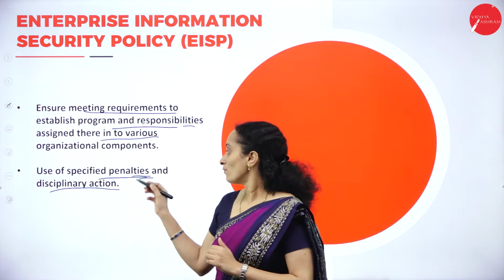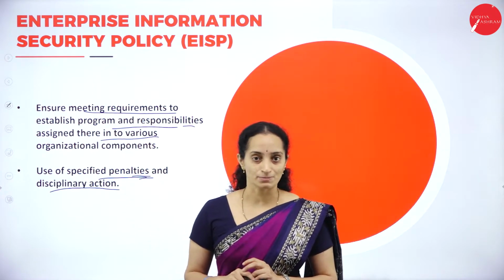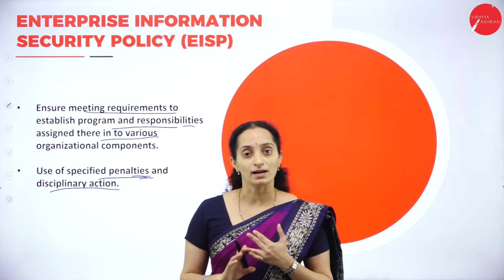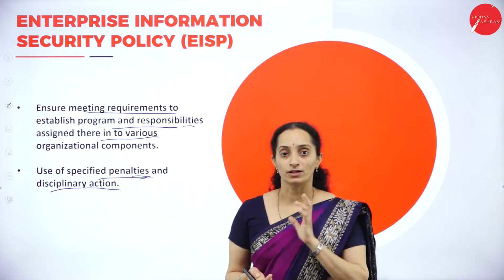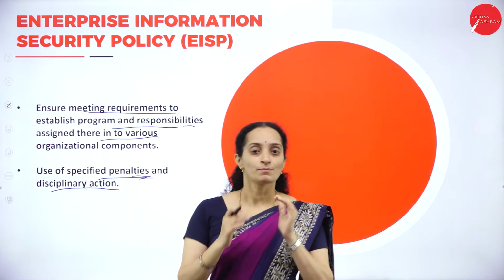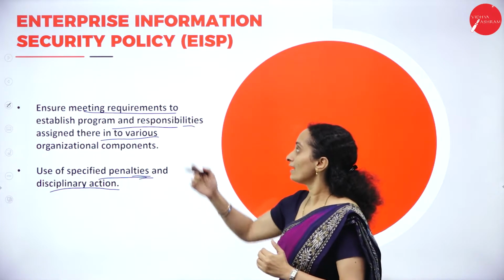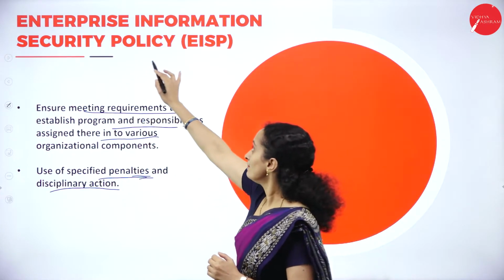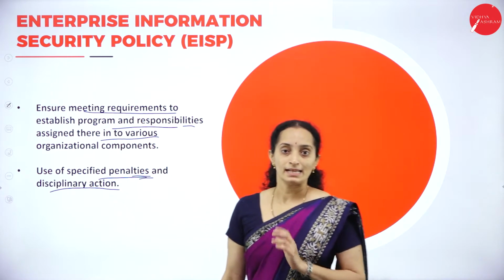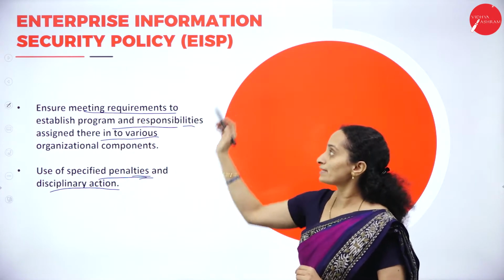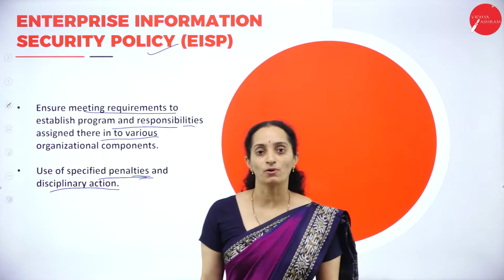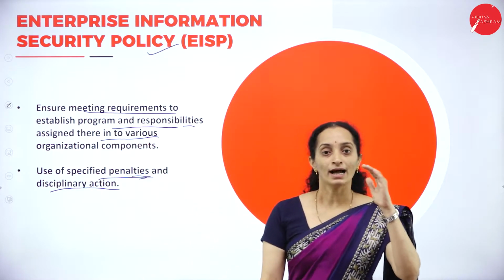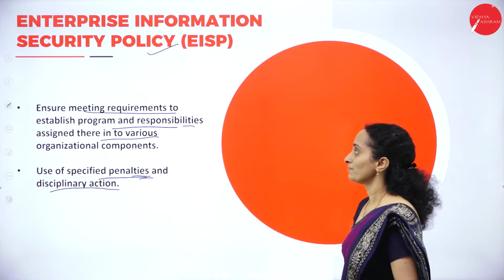Based on that, what kind of disciplinary action and penalty must be incurred by that person. All these things must be specified in the policy taken at the enterprise level, which is called the Enterprise Information Security Policy. So this policy will be taken care of at the enterprise level.